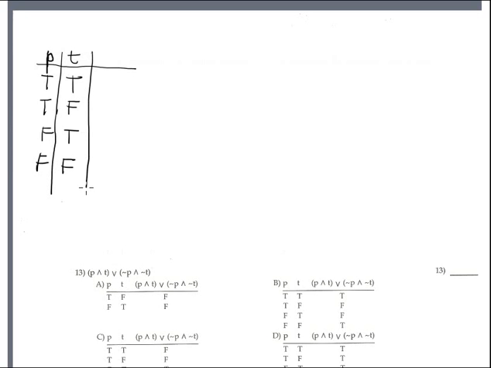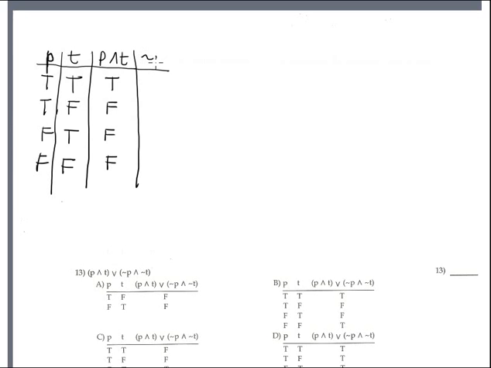Okay, now we have P disjunction T. Remember, we have only true when it's true above, the rest is false. False and false.